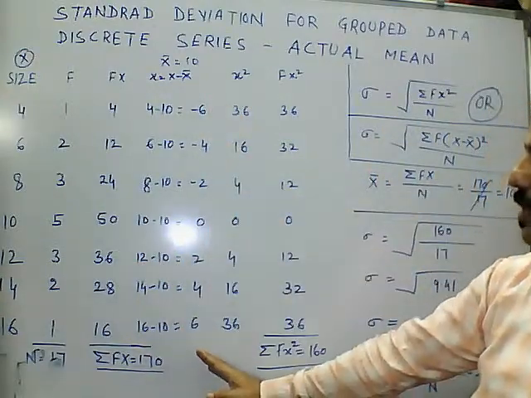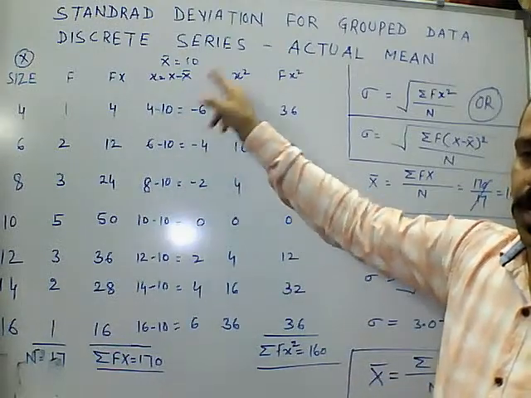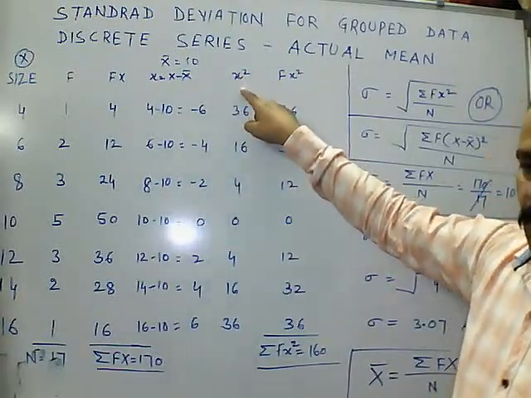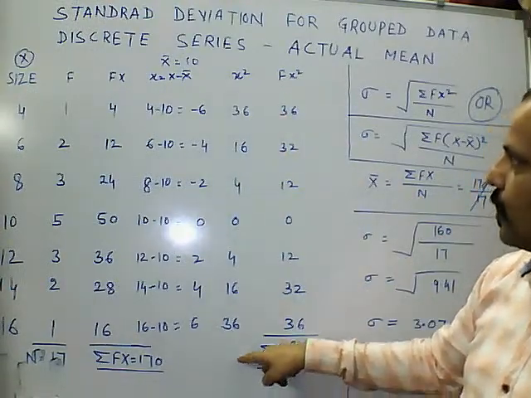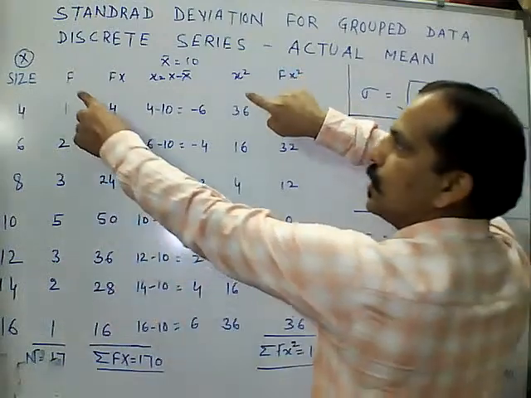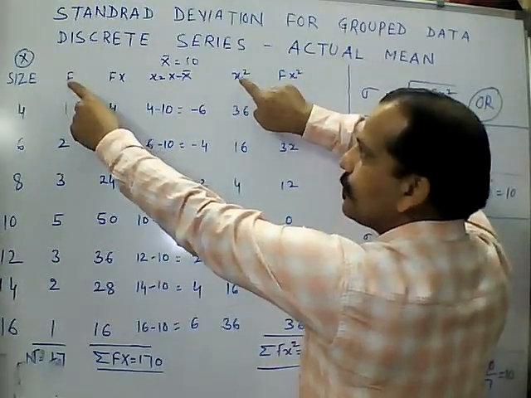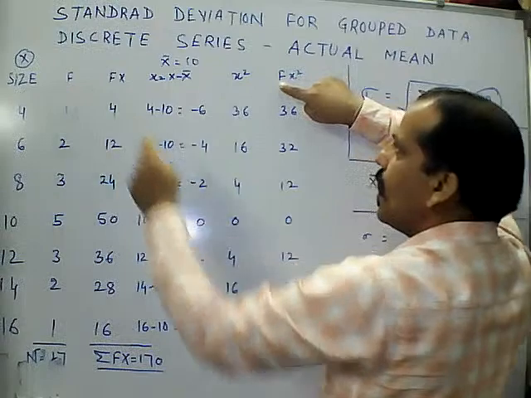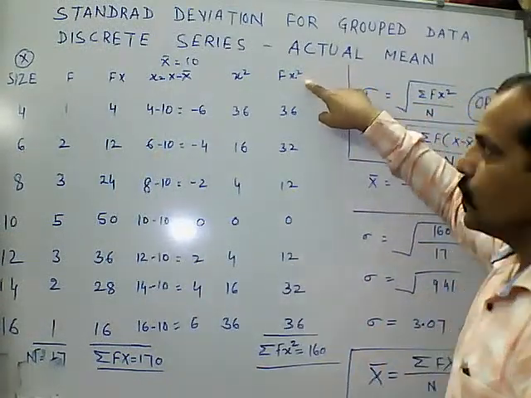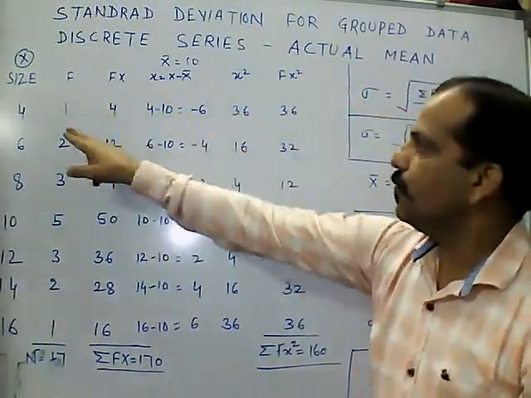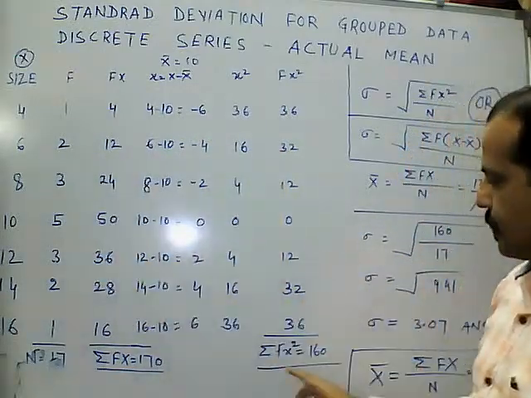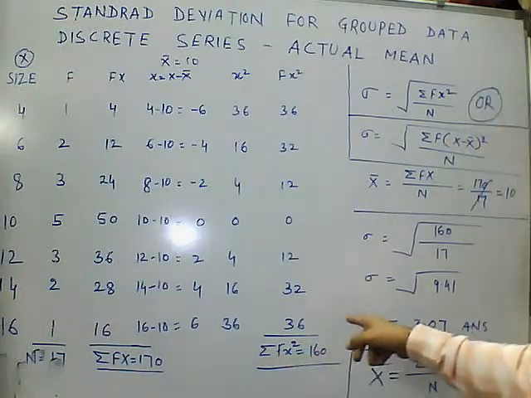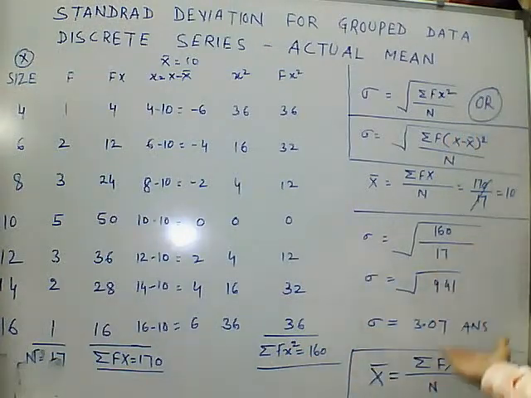This way you will get the values of deviations. Next step is the square of the deviations, x square. And next step is multiplication of f into x square, multiplying the respective frequencies. Then summation of fx square. Place the values, you will get the answer 3.06.